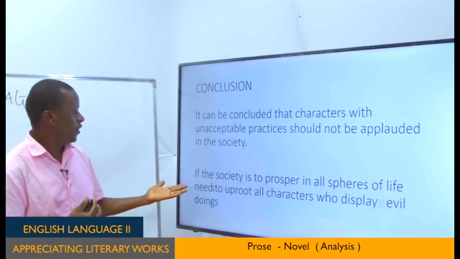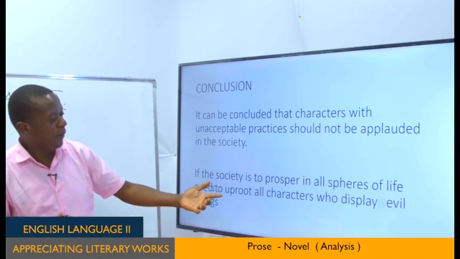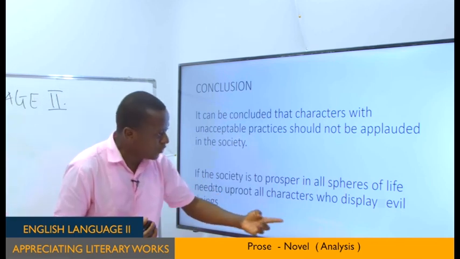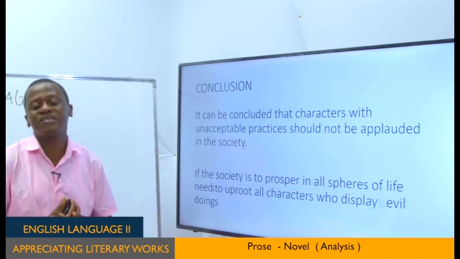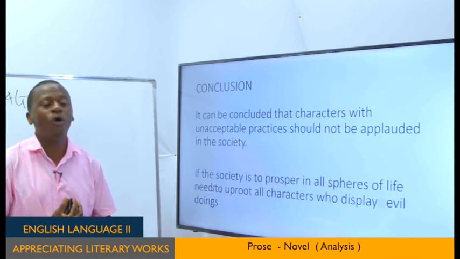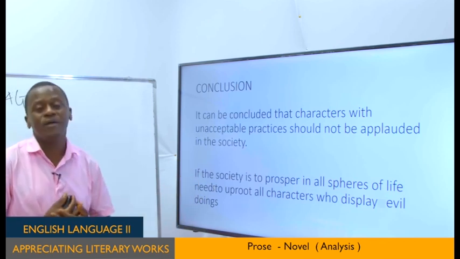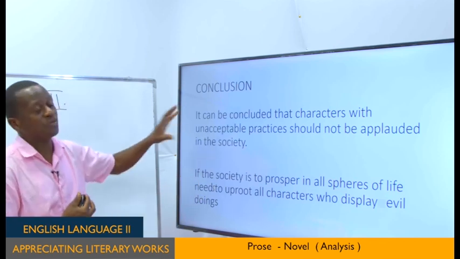But again, one will say, if the society is to prosper in all spheres of life, it needs to uproot all characters who display evil doings. Also, this can be a conclusion to your essay question of this sort.